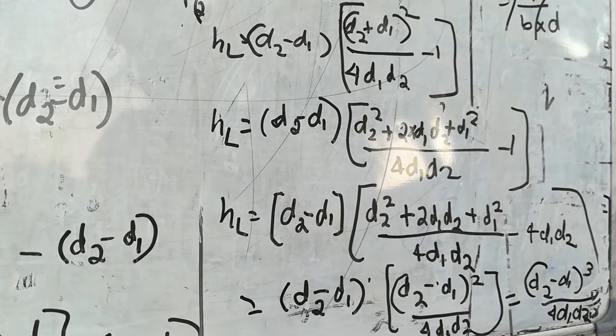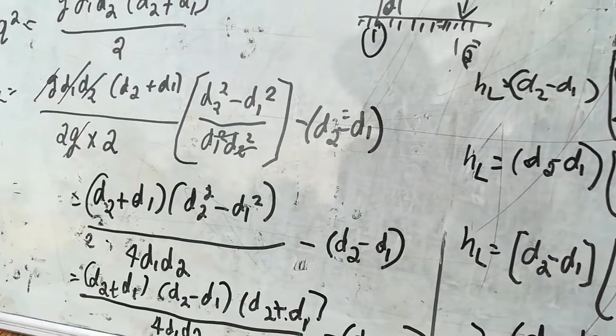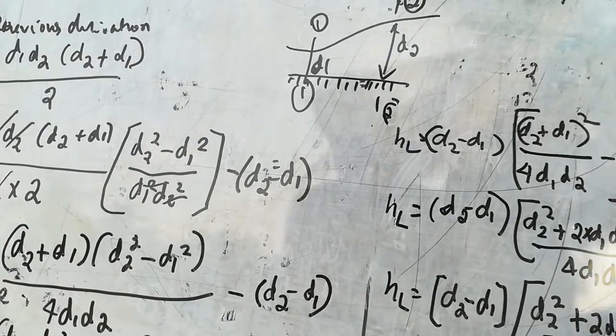Okay. Next we will go for the hydraulic jump due to Froude number. That is also one important topic that we need to discuss here.